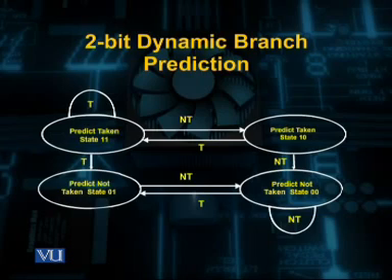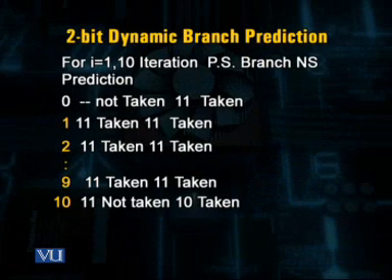Now let us try an example of the loop for I equal to 1 to 10. Here you can see from this table that for I equal to 1 to 10, if we consider the 0 iteration, that is the previous behavior, when the branch is taken, the next state with reference to the previous state diagram is equal to 1, 1, and the prediction is taken.